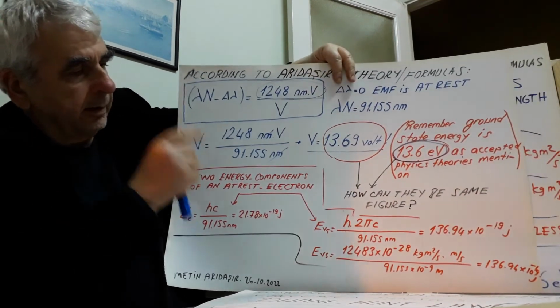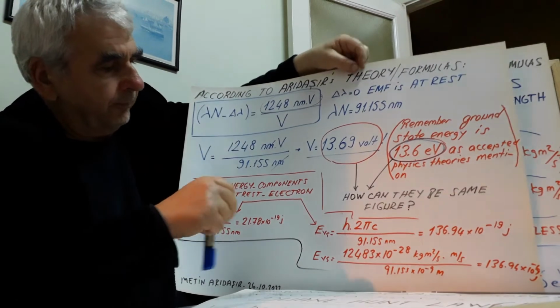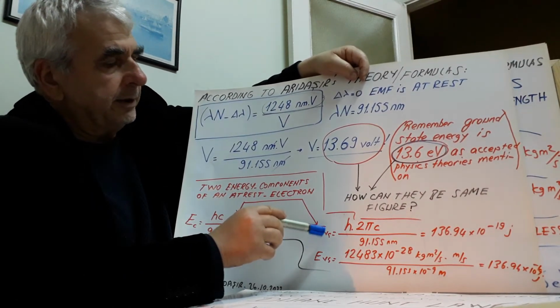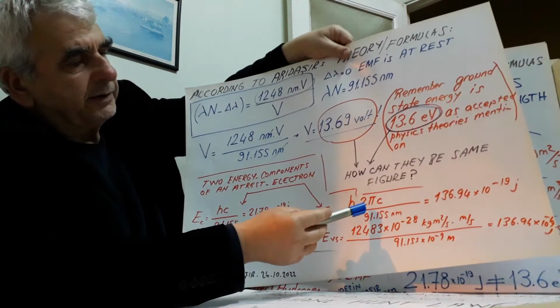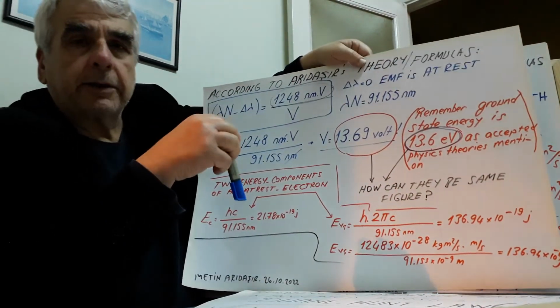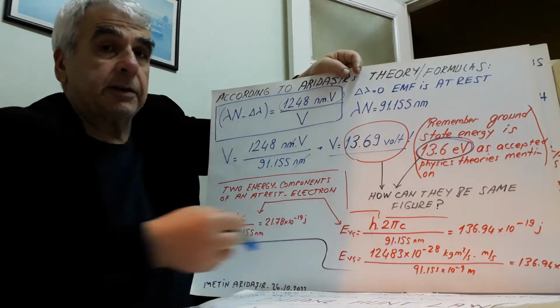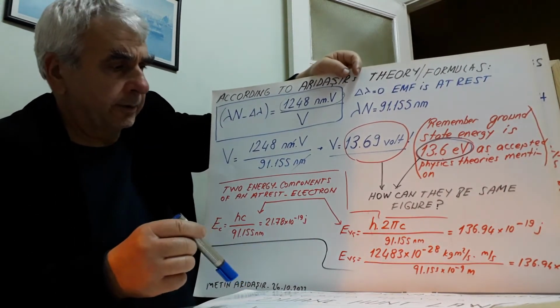Think of now the linear velocity direction. The energy component is 2 pi c, meaning 1,884,000 km per second, 2 pi c kilometer per second. Okay?